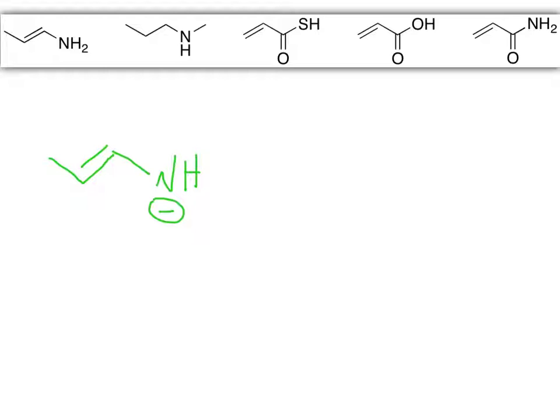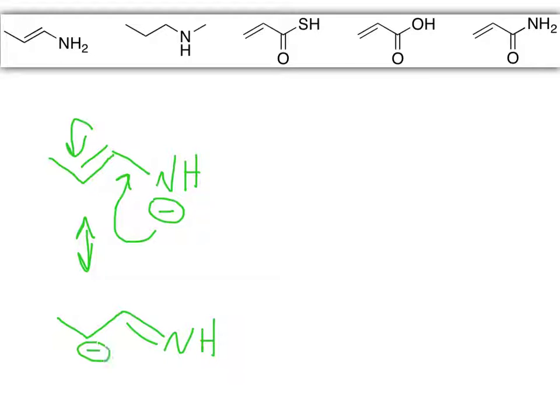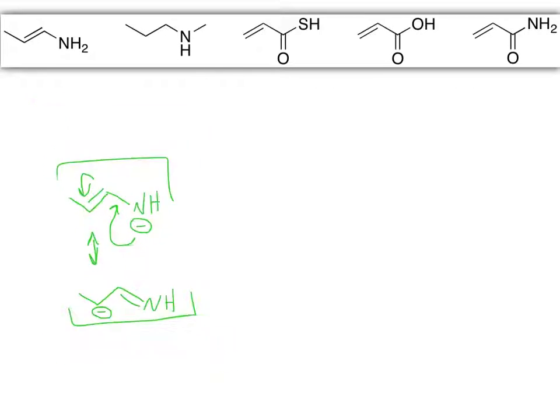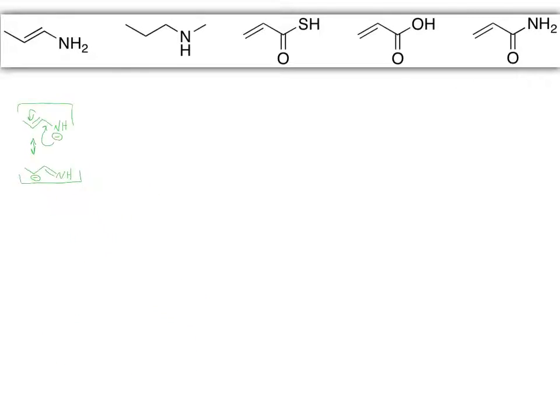It has a resonance structure, so let's get that out of the way right away. So let's tuck that up here where it belongs, and do the same thing for each of these.